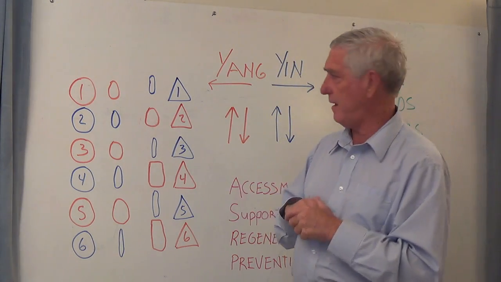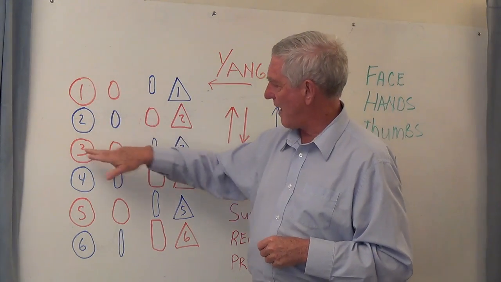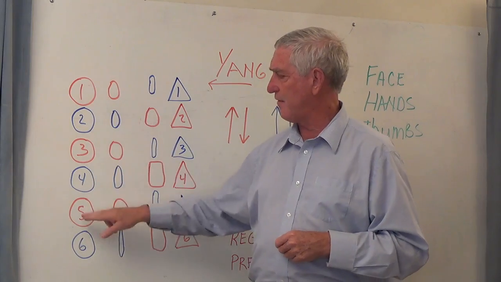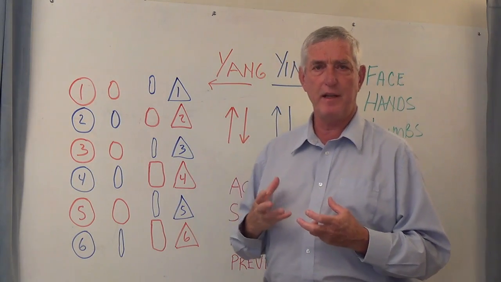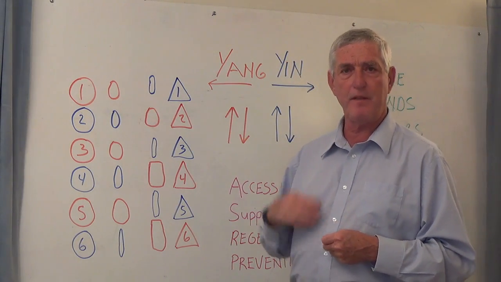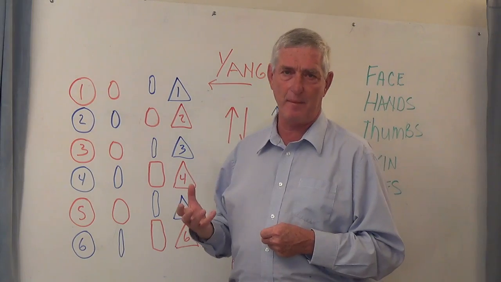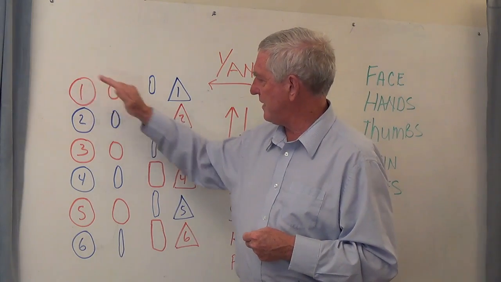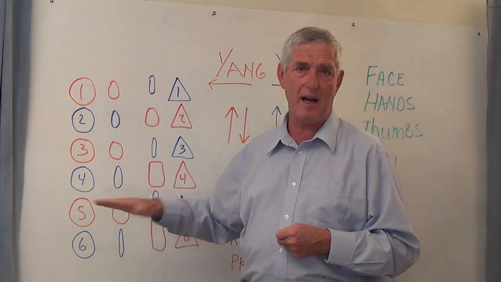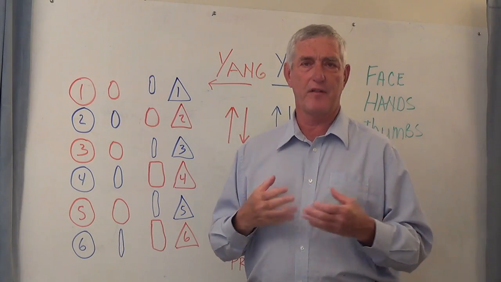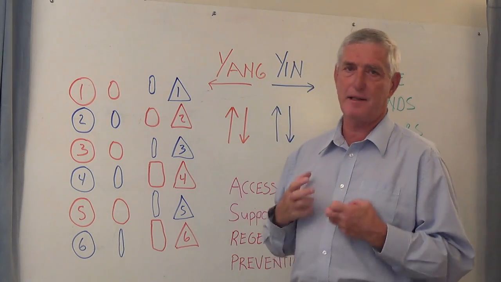What you'll find is that the ones in red, by the way, 1, 3, and 5, they are the 3 sisters from the father's side of the family. So these 3 sisters, 1, 3, and 5, they usually have the most solid body type.